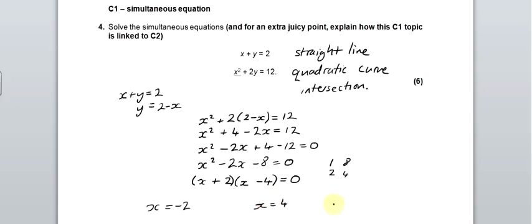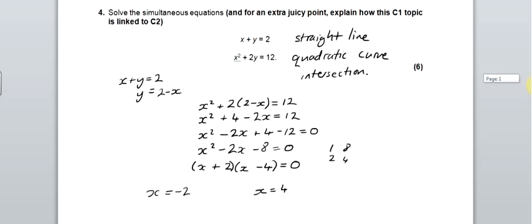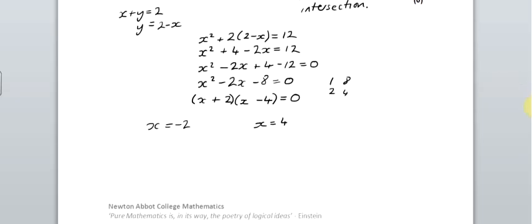You might be tempted to stop there, but just remember that we have got another unknown. We've got y to deal with, and we know that x plus y equals 2, so we use that to get our other value. x plus y equals 2, so minus 2 plus y equals 2, which means y must be 4.